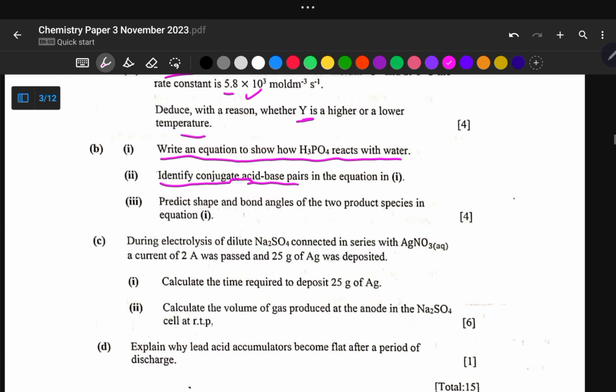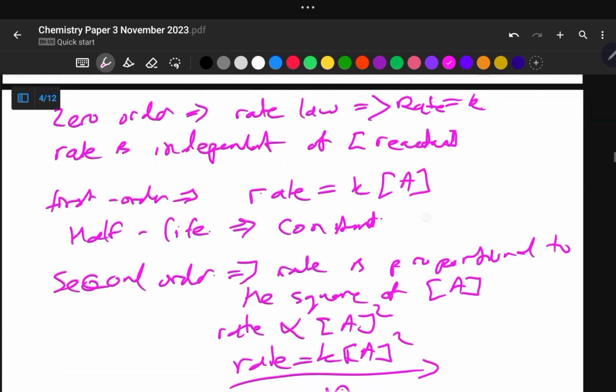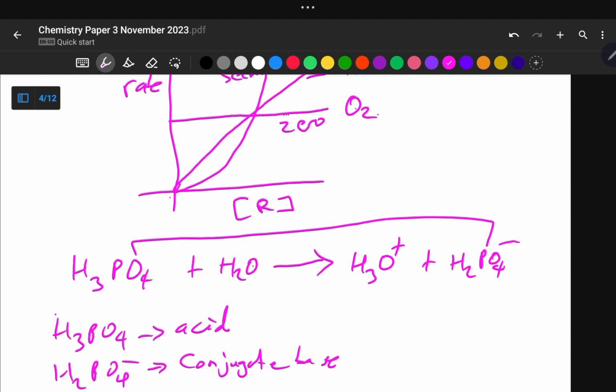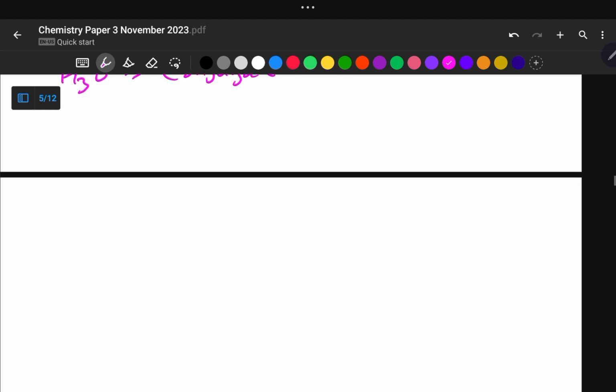And then the next part says predict the shape and the bond angles of the two product species in the equation, right? So the products, we have the hydronium ion. So the shape, the hydronium ion is H3O plus.